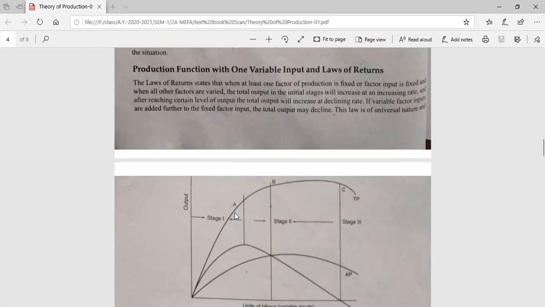After that, if you increase further the input value, that means increasing the labor further, there will be a declining increase.